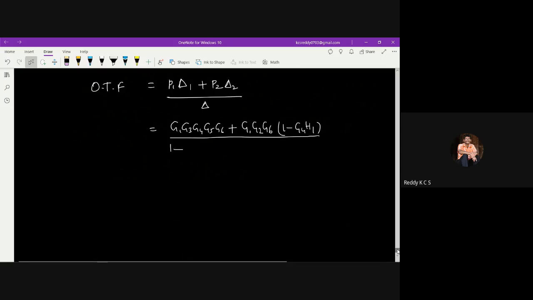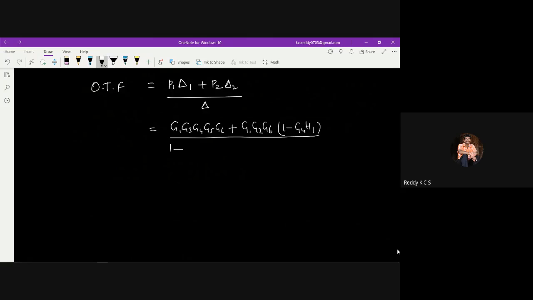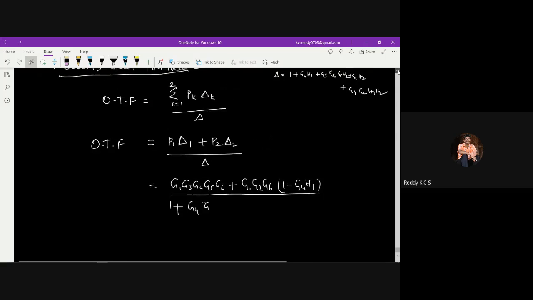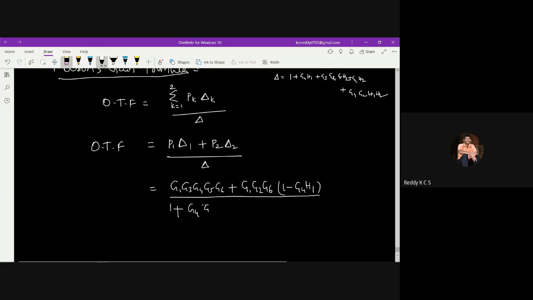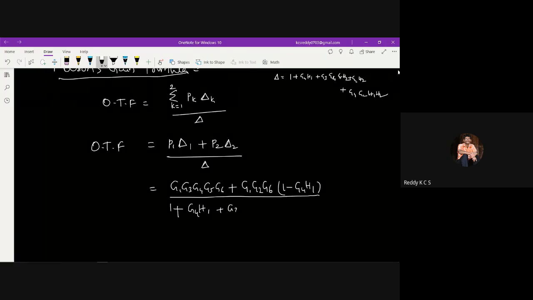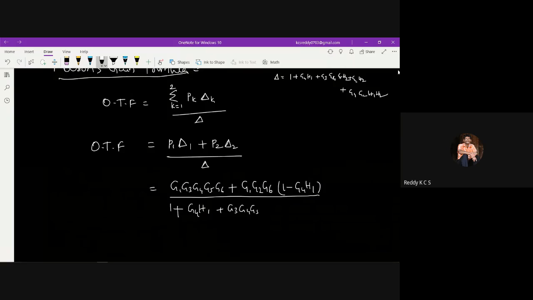In the denominator I get 1 plus G4 H1 plus G3 G4 G5 H2 plus G2 H2, then plus G2 G4 H1 H2.